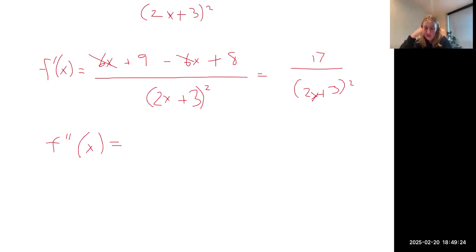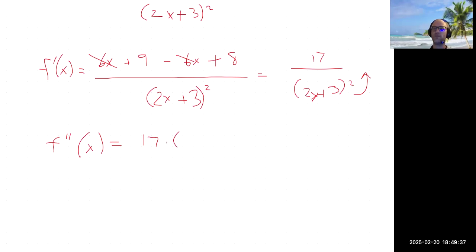I would bring this up to the top. I would make it a negative exponent in order to flip it up to the top, so it would become 17 times 2x plus 3 raised to the negative 2 power, because now that it's come up, it's going to be the opposite power.